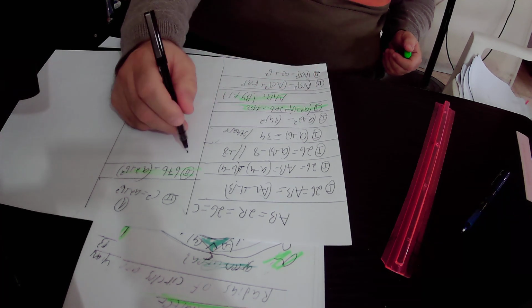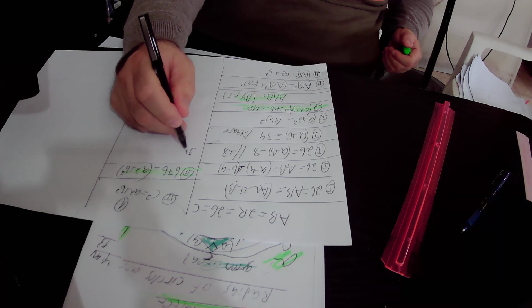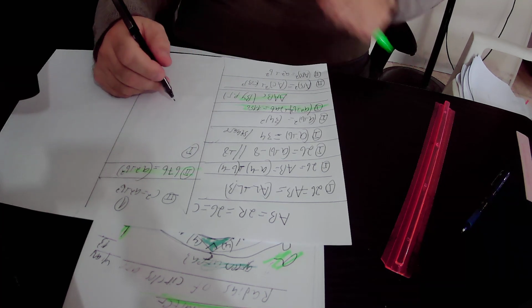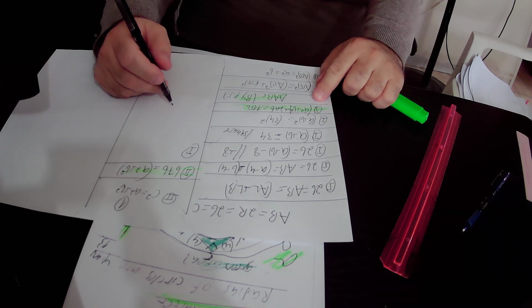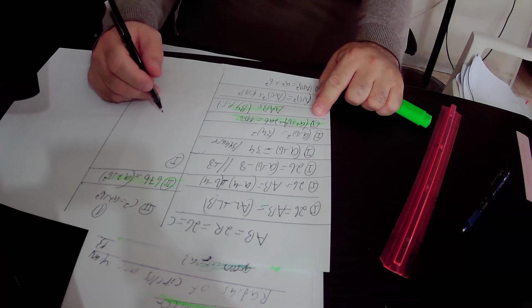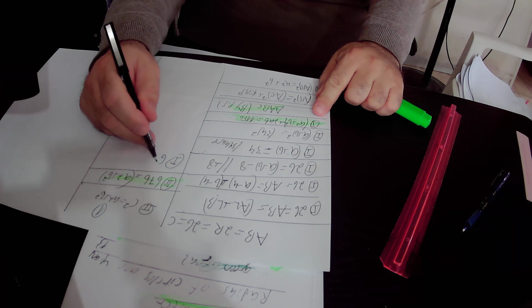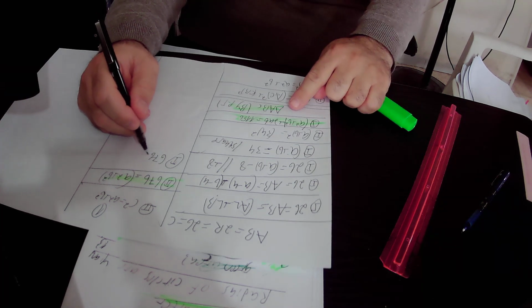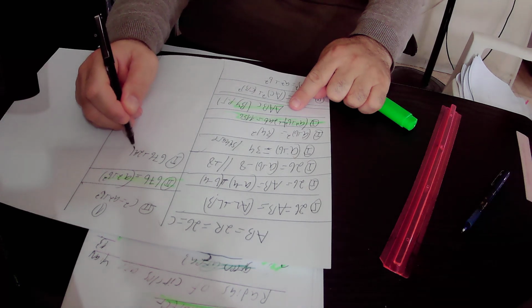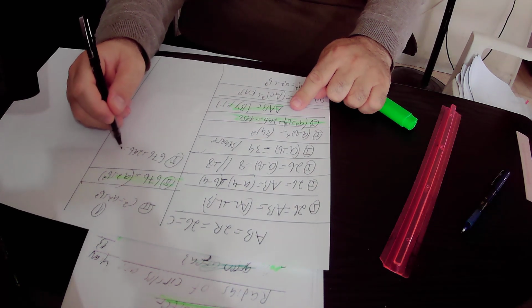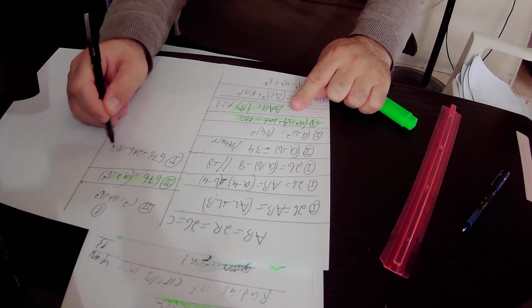We'll do it now. According to equation number 1, we have here A squared plus B squared, that is equal to 676 according to equation number 2, plus 2 times AB equals 1156.